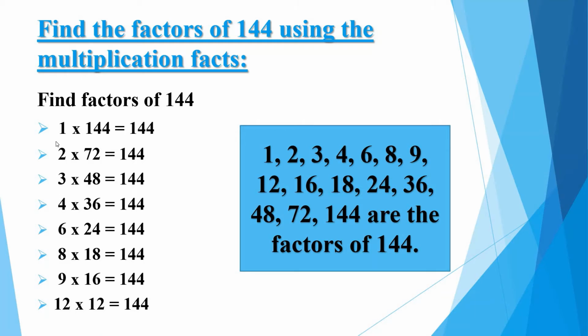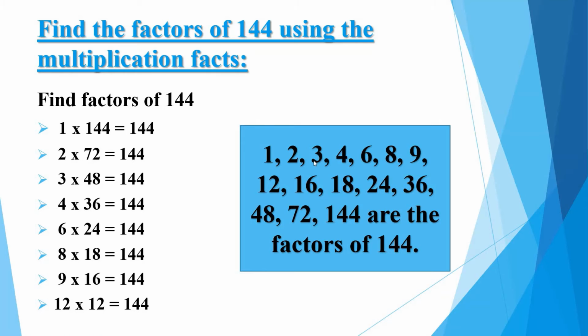It comes in the times table of 1, 2, 3, 4, 6, 8, 9 and 12. We can stop calculating till here, as the numbers can be the factors when they are reversed.